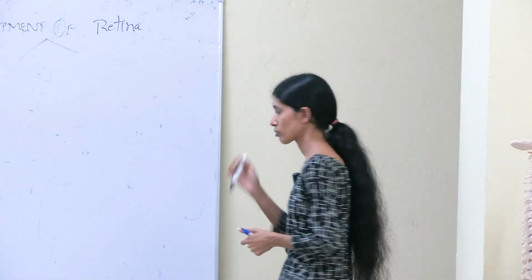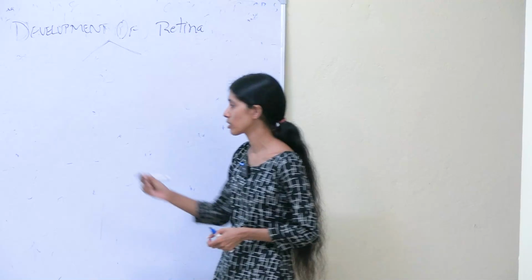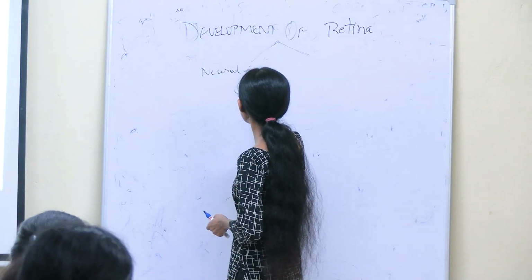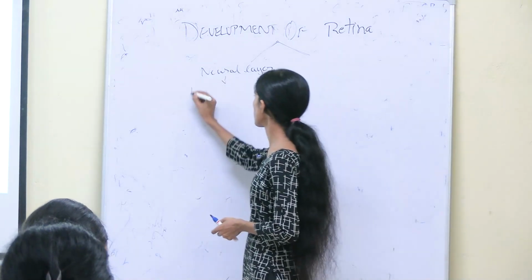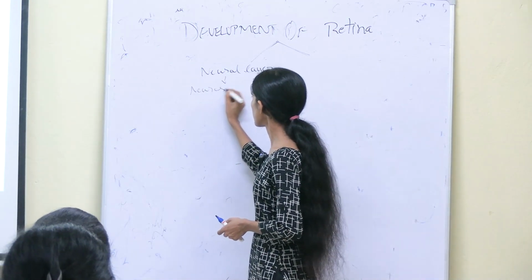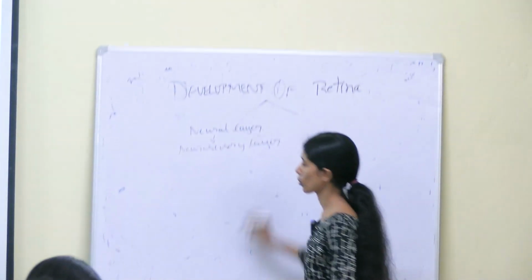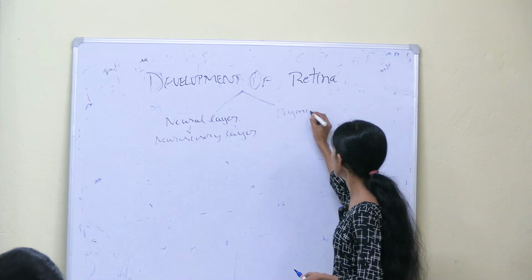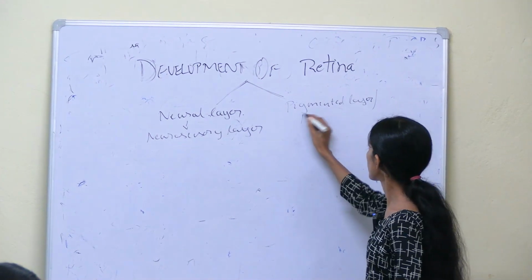Others also say. So in the development part, we have two important layers. The first one is the neural layer. In a few textbooks, it is mentioned as the neurosensory layer. And the next one is the pigmented layer, or pigmented epithelium.